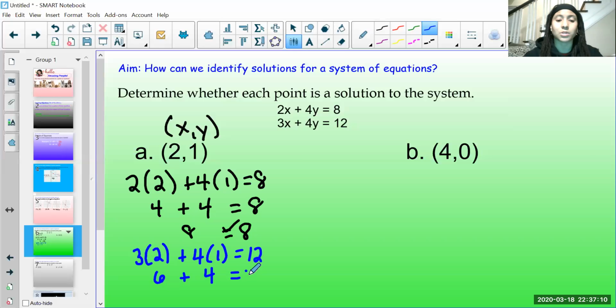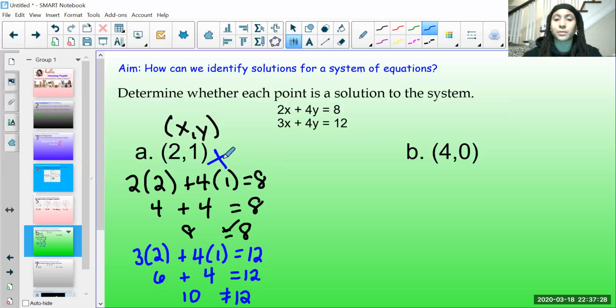And does it equal 12? 6 plus 4 is 10, but 10 does not equal 12. So this is not a point in the system of equations.